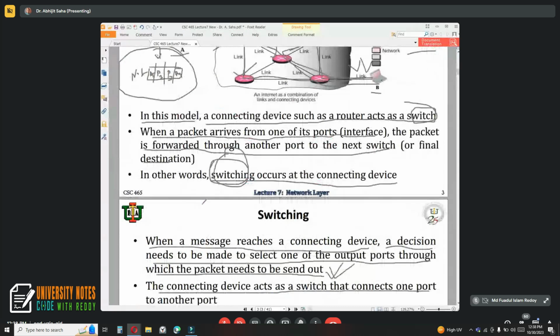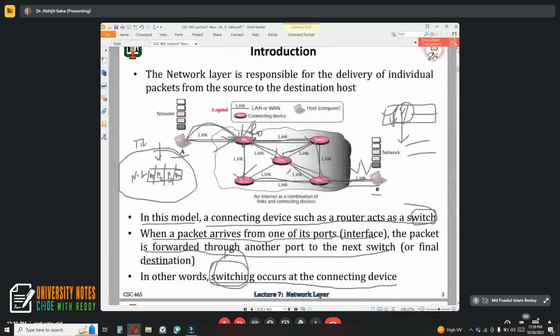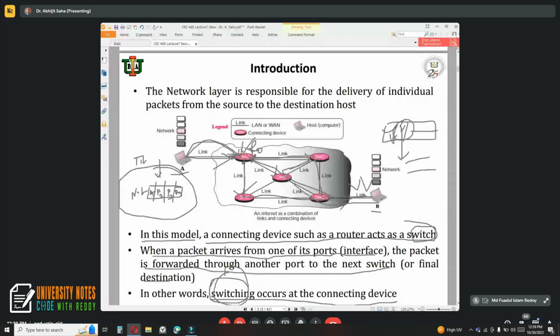The packets are assembled at the destination. That means the packets p1, p2, p3, p4 I am talking about, when they reach the destination in the network layer, need to be reassembled to generate the original message that you broke down.